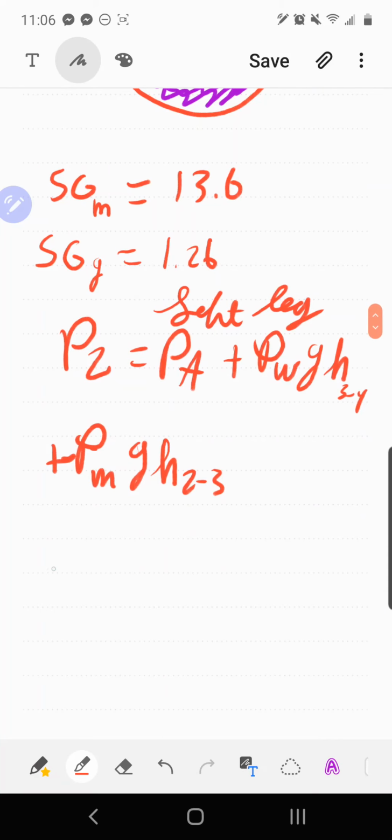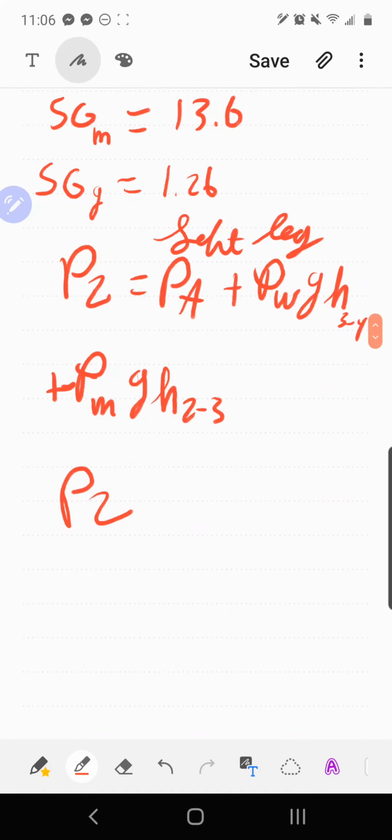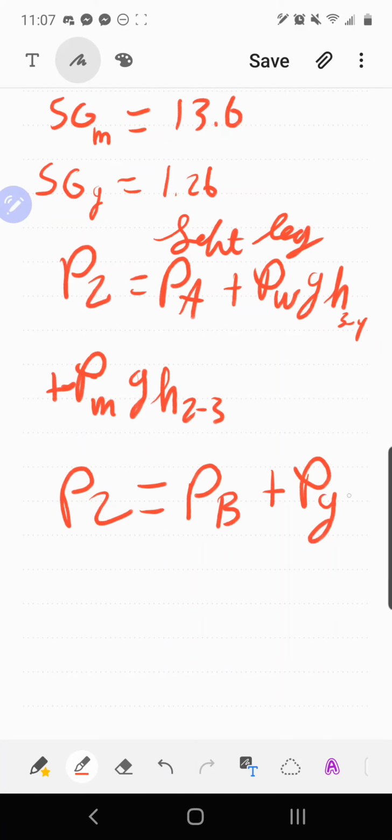Now let's do the right leg. P2, again P2 starting here, is equal to PB plus rho g times H of 1 minus 2.